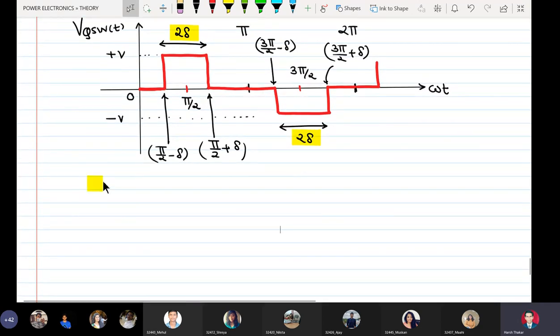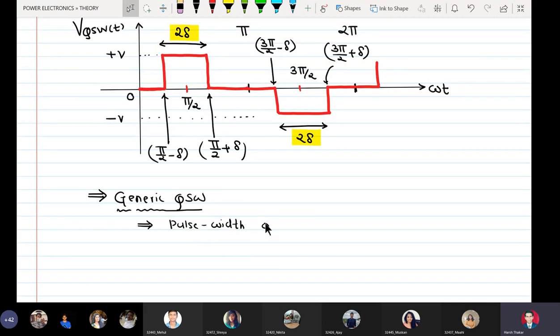Okay, so we can just write down like this here. The generic Cauchy square wave has pulse width of 2 delta above and below x-axis.